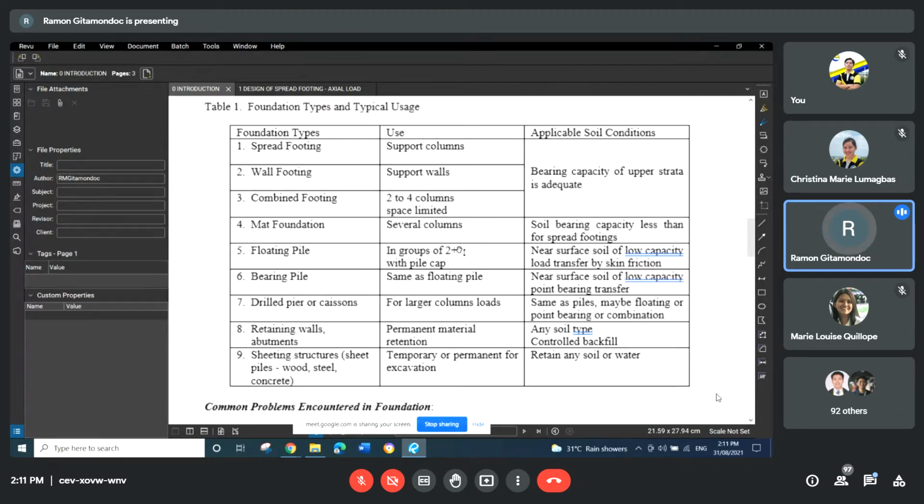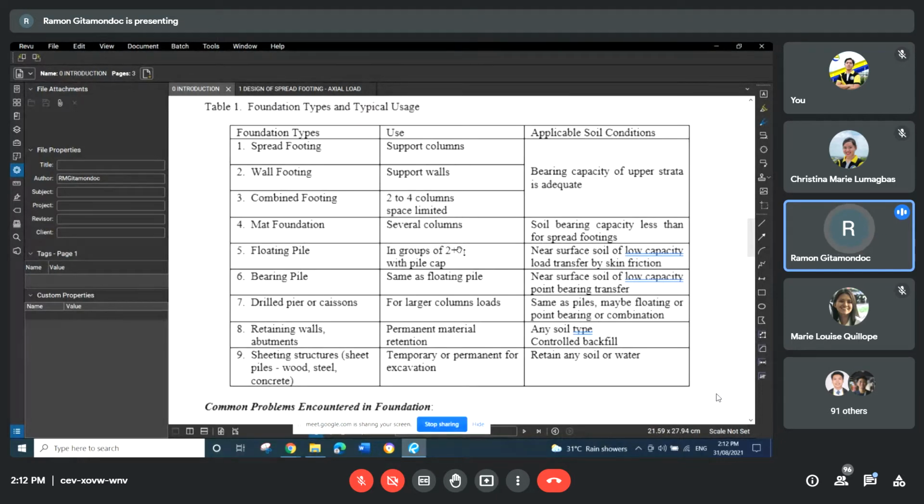Now, the mat foundation usually encompasses a very large portion of the building footprint, or in some cases the entire building footprint, where you have a single massive footing supporting all the columns of the building. So that is called a mat foundation, and this is applied when the soil bearing capacity is less than that for spread footings.